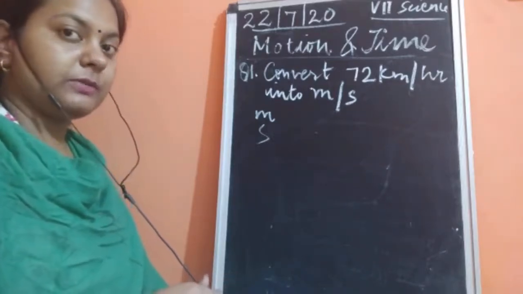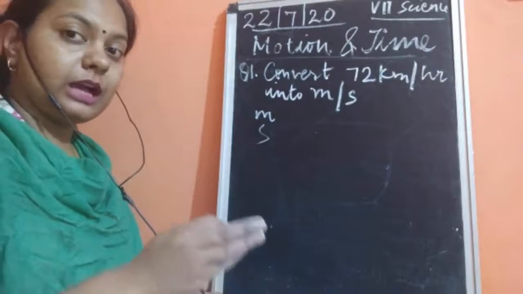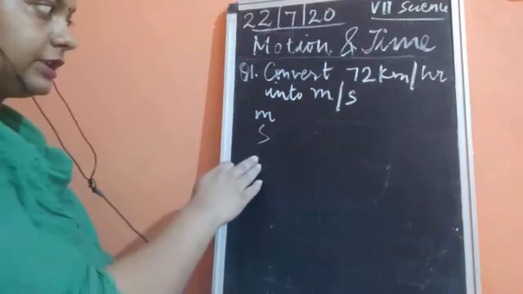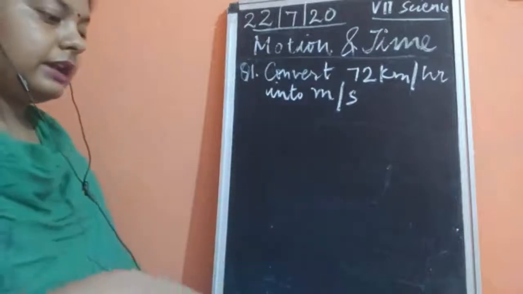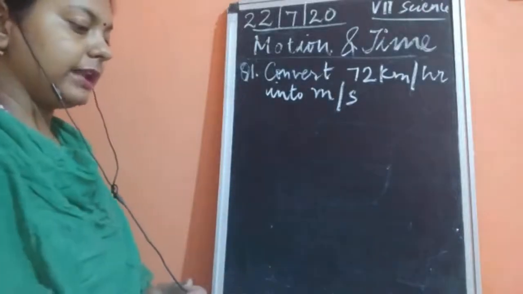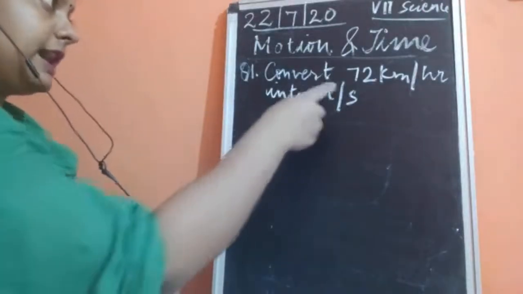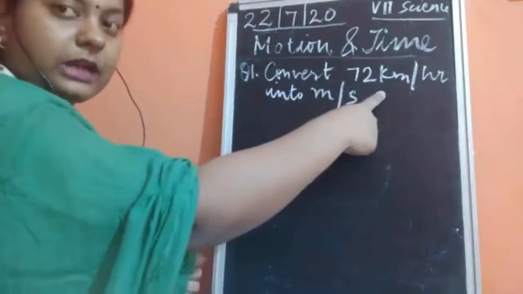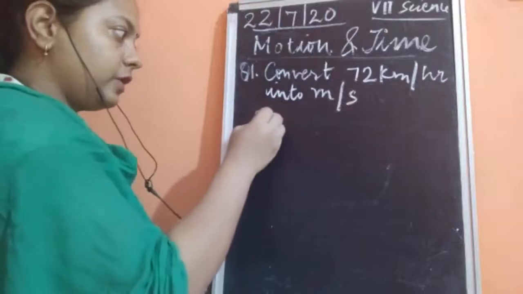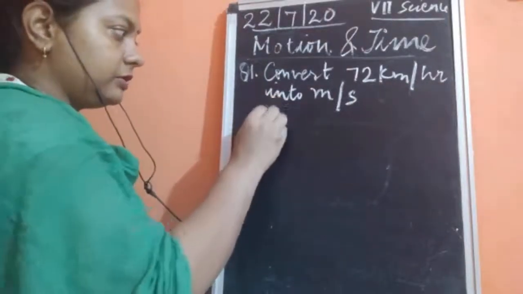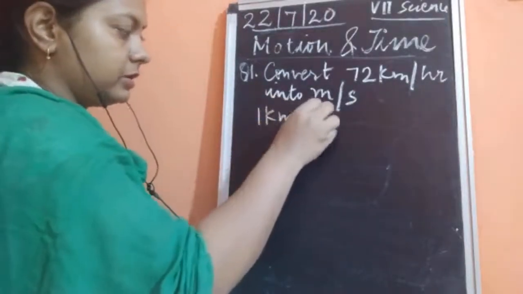Okay, so this is all about the way you are going to calculate. I'll just tell you how to convert the value into meter per second. We have 72 kilometer per hour, and we will calculate this in meter per second. For calculating this, you need to know the conversion. 1 kilometer is equal to how many meters?